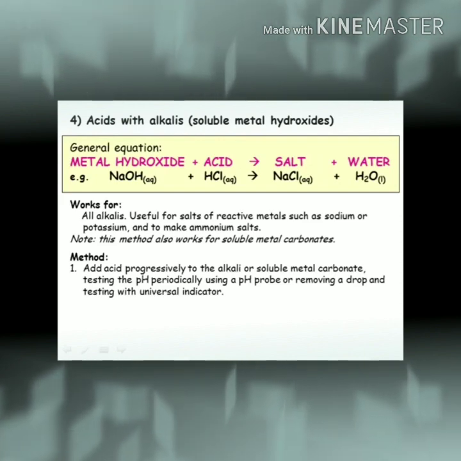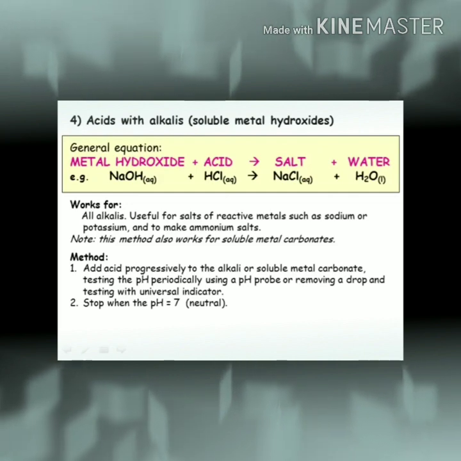The methodology will be: first, you need to add the acid progressively to the alkali or a soluble metal carbonate, testing the pH periodically using a pH probe, or removing a drop and testing with a universal indicator. Then the second step, you have to stop when the pH comes to 7.